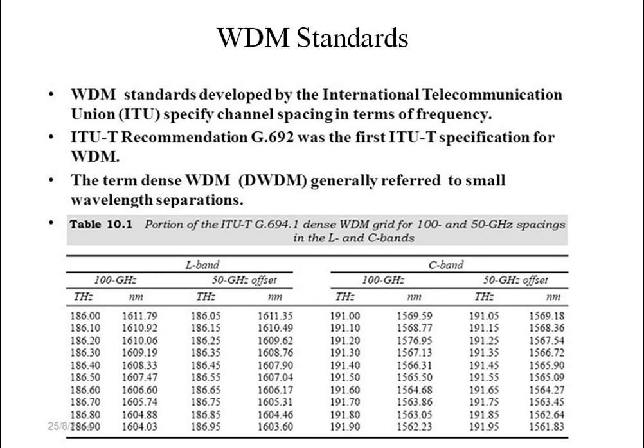For example, the 50 GHz channels in the L band would be 186.00 terahertz, 186.05 terahertz, 186.10 terahertz and so on.